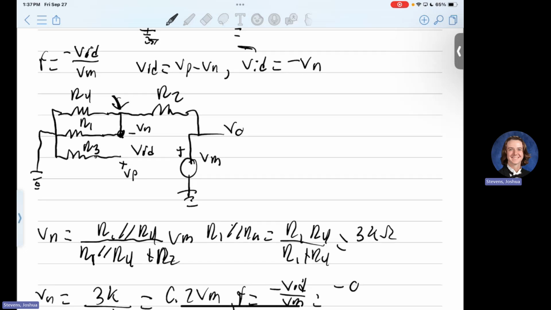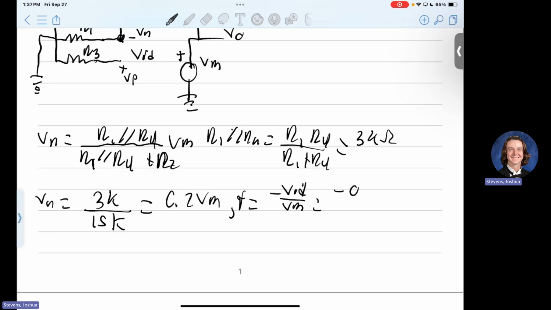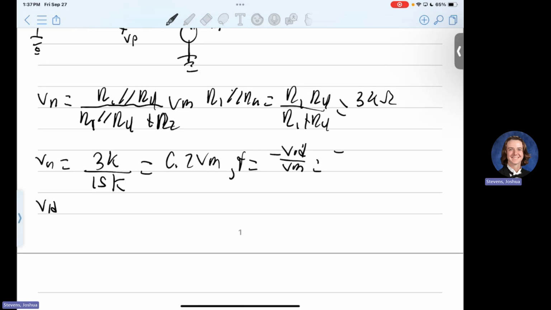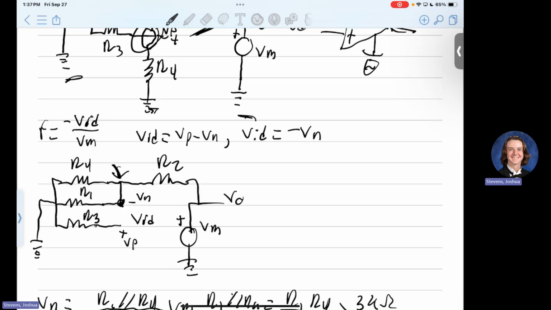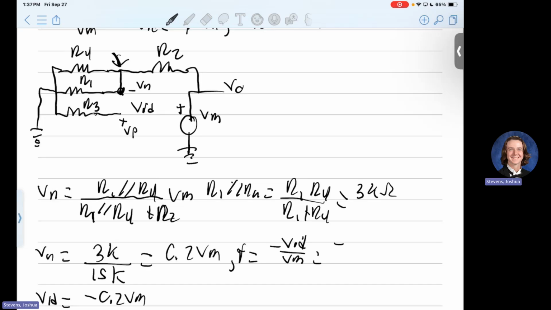VID equals negative Vn. That's important because, based on the equation here where Vp is equal to 0, VID then equals negative Vn. Does that make sense?